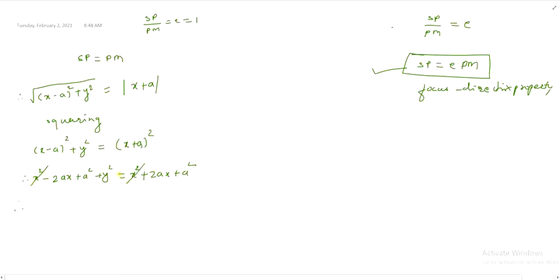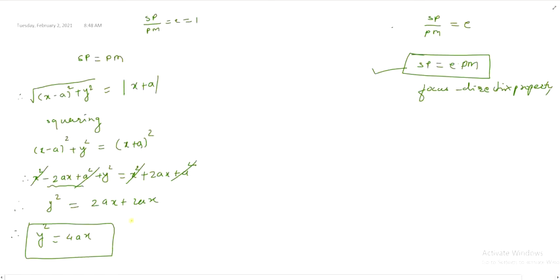Now, a square also. So collect the remaining terms on the LHS, y square, and shift this twice ax to the right side. So minus becomes plus and we get these two same terms, that is y square is equal to twice ax plus twice ax, that is 4ax. And this is nothing but our required standard equation of the parabola.